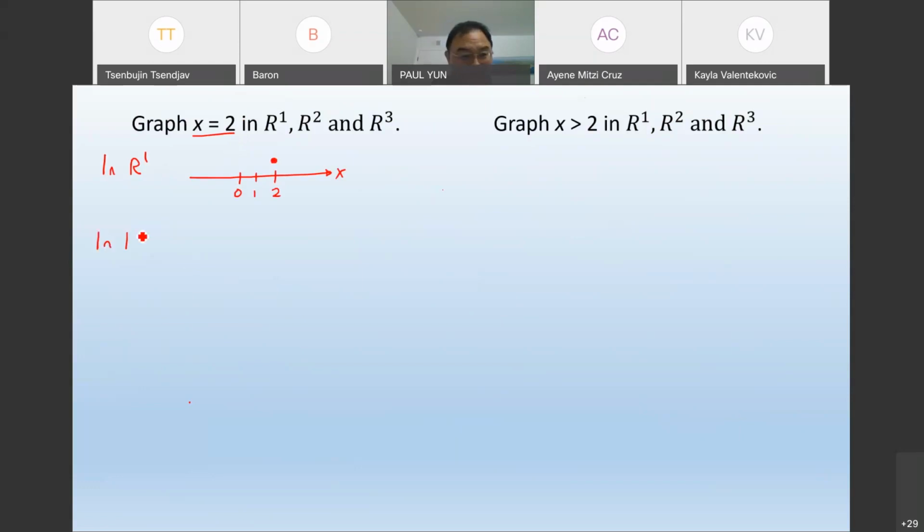Write it down this way, right? In the plane, how do you sketch it? Everybody, draw something on your paper. Sketch X equals 2. We always struggle with this. Let's sketch this.